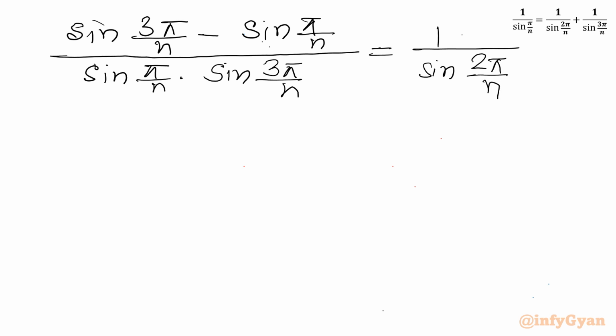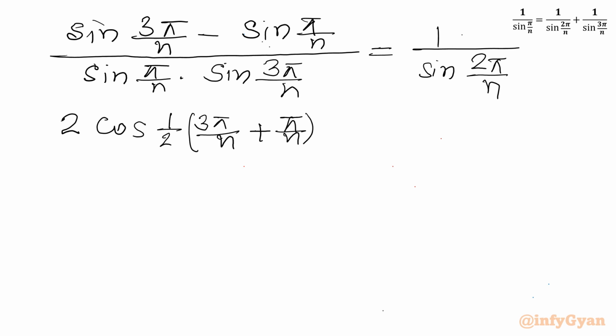Let's apply 2 cos of C plus D by 2. So 2 cos, by 2 is here, C plus D, so 3 pi by n plus pi by n.